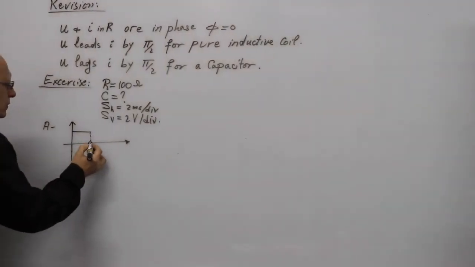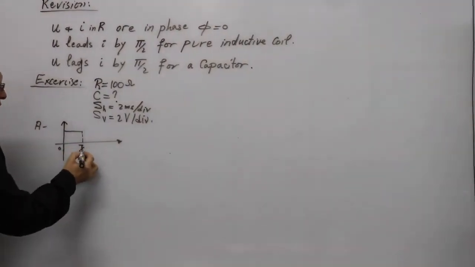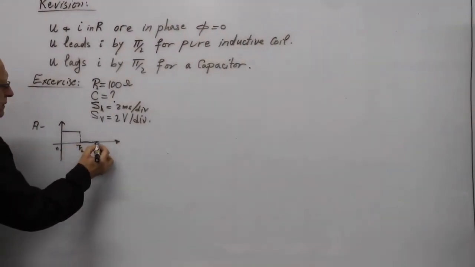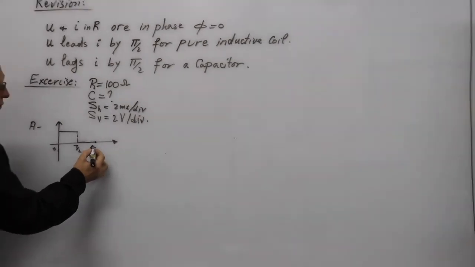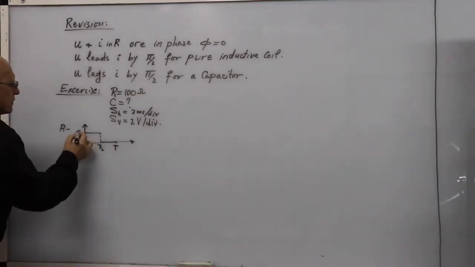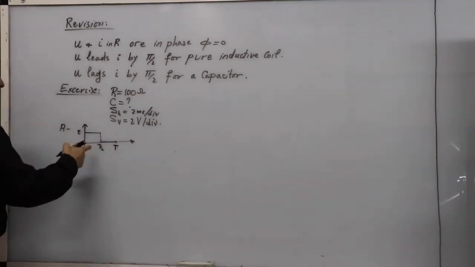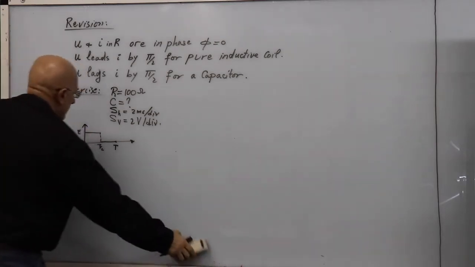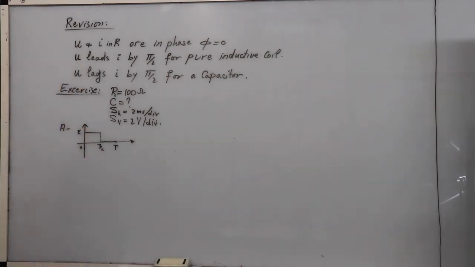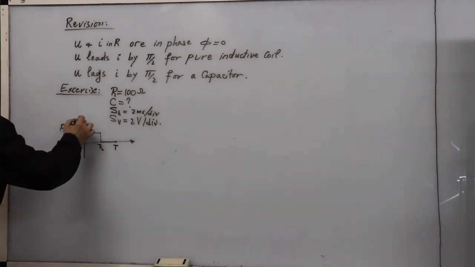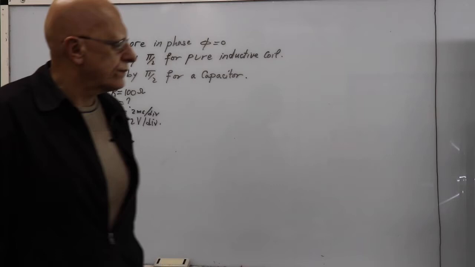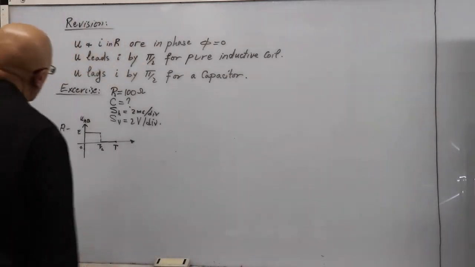U for 0 to T over 2, and 0 for T over 2 to T. This is UAM, UAB. This is the square voltage.